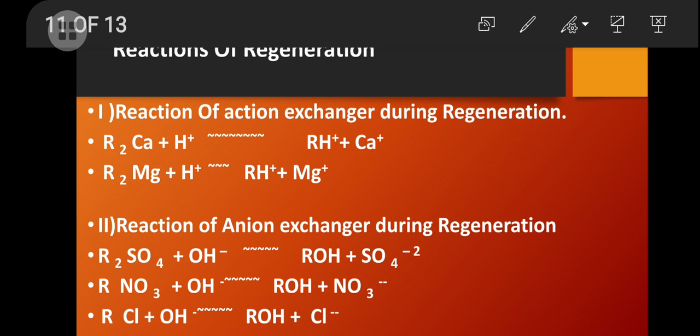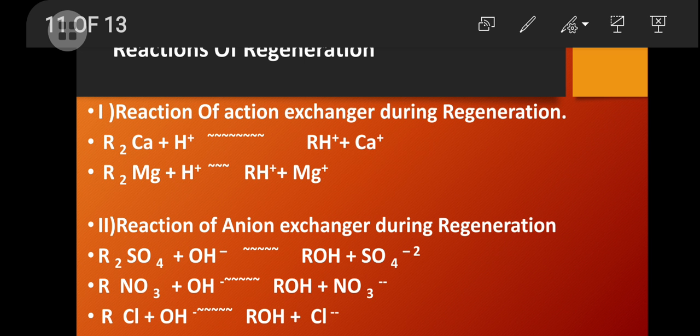The first reaction is with R2SO4. It reacts with OH ion, and as a result we get ROH and sulfate ion is released. Next we have RNO3. It reacts with OH ion, and as a result again ROH is formed and the nitrate ion is released. Next we have RCl.